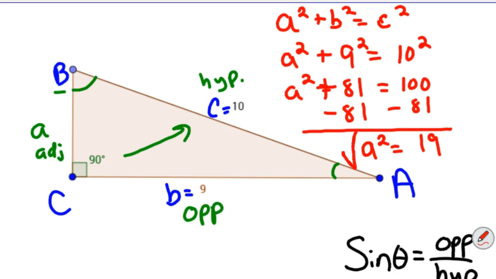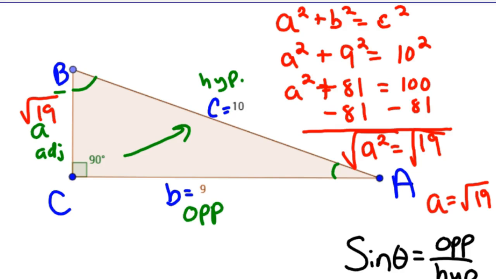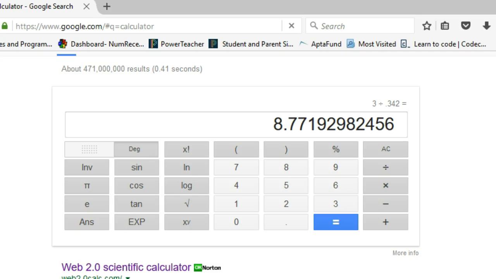Then you would root both sides to eliminate that square, and we know a is exactly equal to the square root of 19. Now, if you need to find that answer, get a calculator out. I can tell you it's a little above 4 and a little below 5, which might be enough for you.